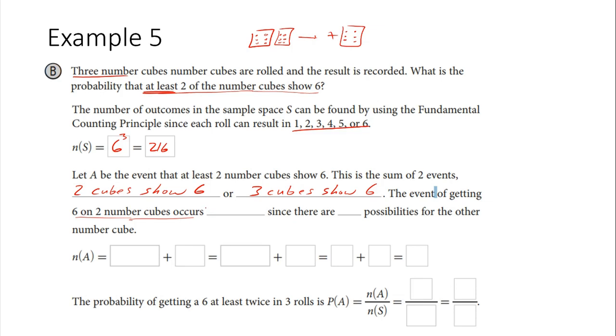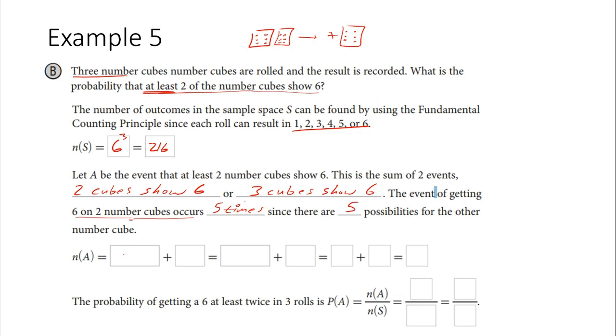Now, the event of getting a 6 on 2 of the cubes occurs at least. Let me think. Yeah, 5 times, since there are 5 possibilities for another cube.